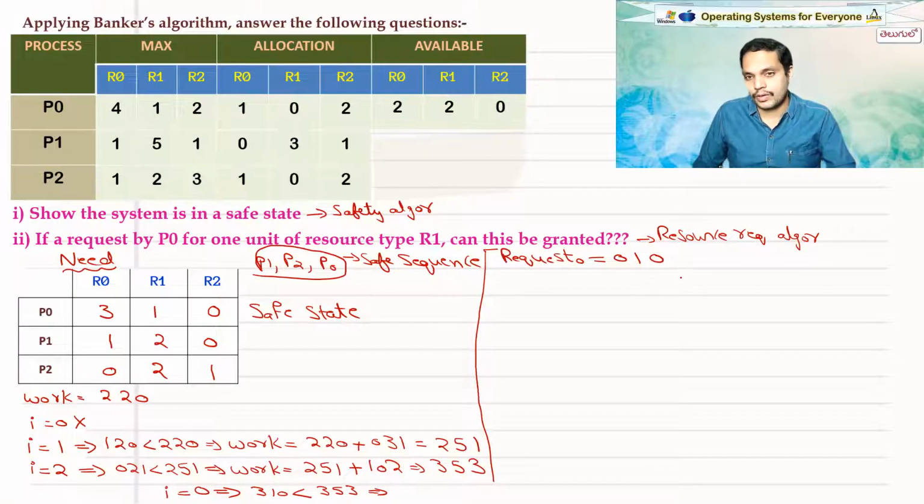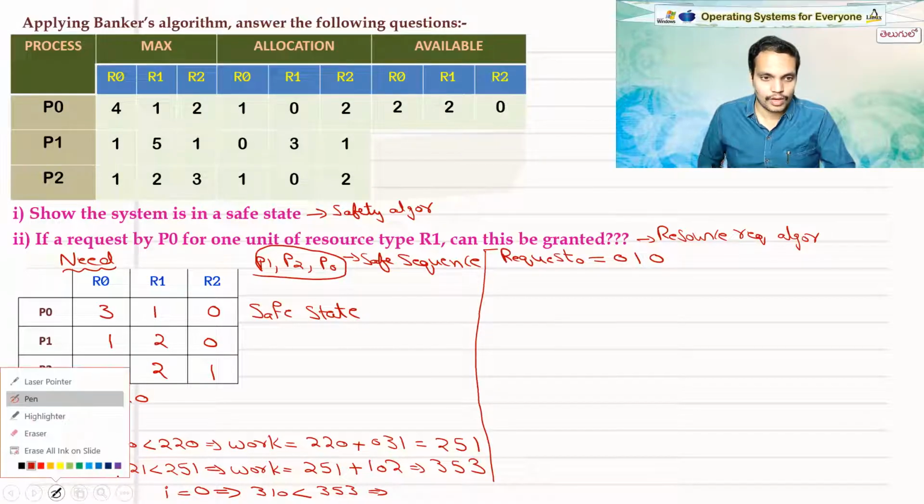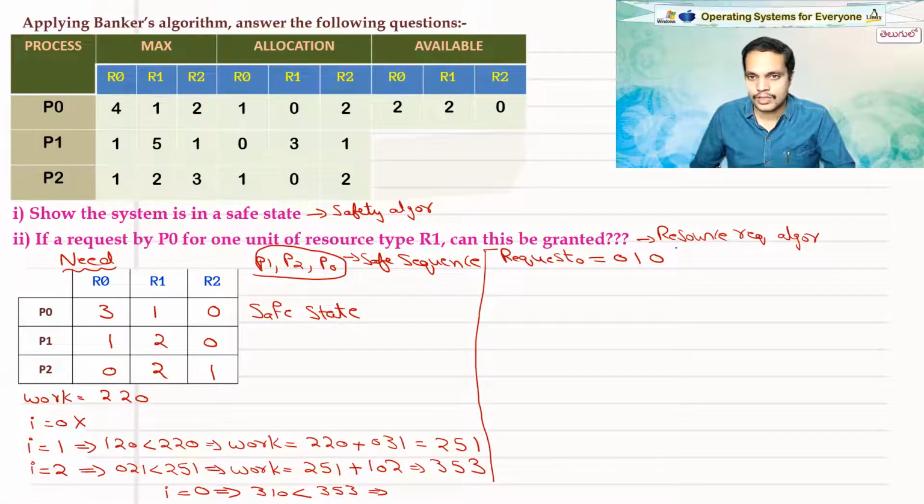For this to proceed further, first I need to check 2 things: whether this request is satisfying 2 things or not. So if this request 010 is less than the need or not. The need for P0 is 310, right? So step 1 is proved.